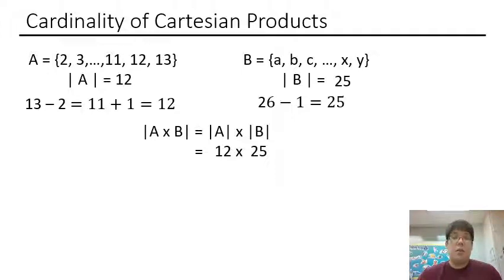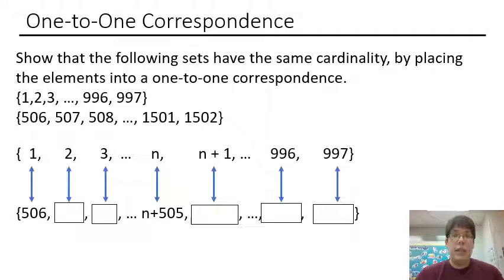That's going to be the cardinality of that cross product. When we do 12 times 25, we get 300. So that cross product will have 300 elements in it. Aren't you glad you don't have to write them all out? You're welcome. Merry Christmas.